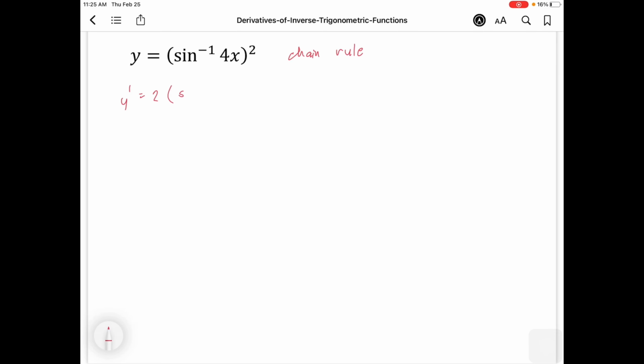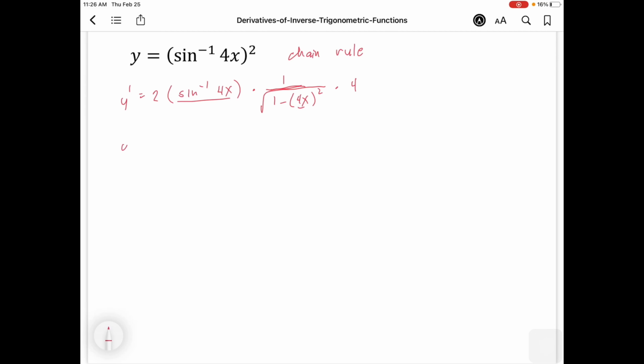Then, sine negative 1 for x. Then, multiply tayo ng kanyang chain, which is kukunin natin itong derivative ng ating given. Magkakaroon tayo ng 1 over 1 minus 4x, then squared, yan, times 4 as the derivative ng u natin dito.